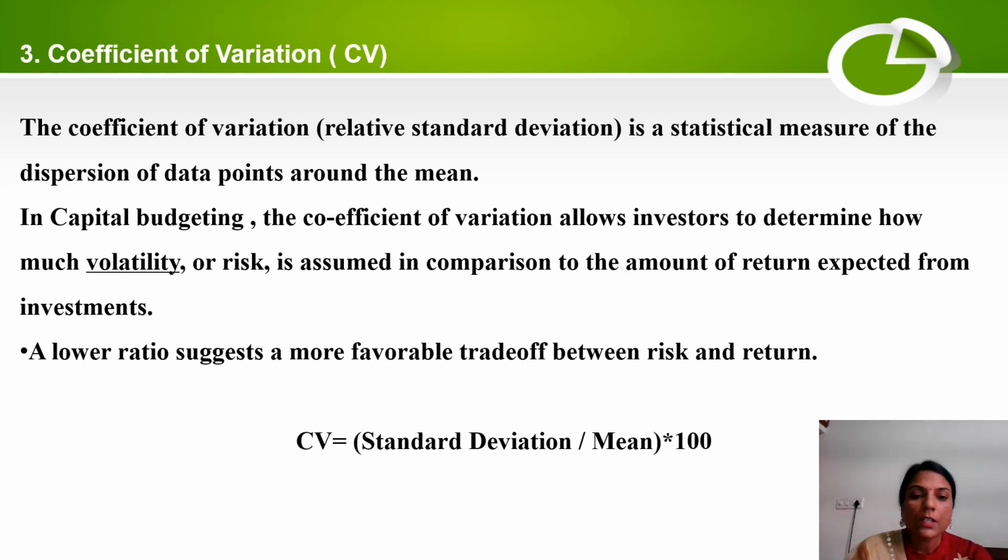A low ratio suggests a more favorable trade-off between risk and return. So CV basically tells how volatile the risk is, how much variation you will have in the return. If you are looking for a standard return without much variation, a low CV will be considered for that particular project.